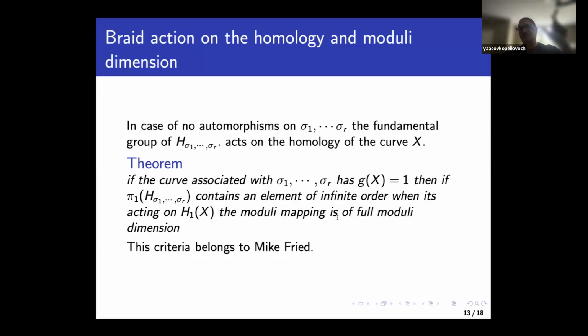So generically, genus 1 curves will carry functions which will give you this kind of permutation representation. This criterion unfortunately doesn't belong to me, it belongs to Mike Fried. Okay, so now can you work with this criterion? Because if you have this criterion and you don't work with it, then it makes it very uninteresting.